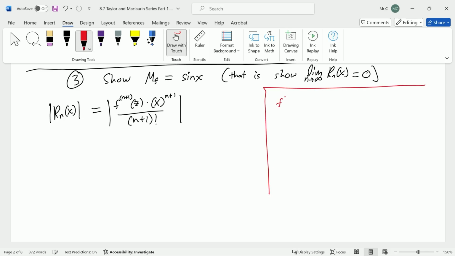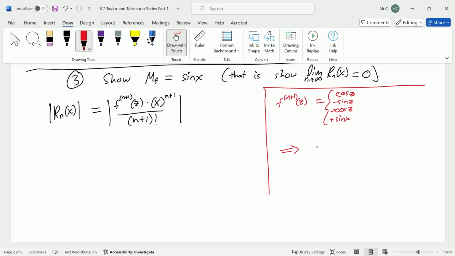When I look at this n plus 1th derivative, it's got to be cosine of z, or negative sine of z, or negative cosine of z, or positive sine of z. Any derivative I take, no matter how many terms I go down, any derivative of sine of x is going to be one of those four things.